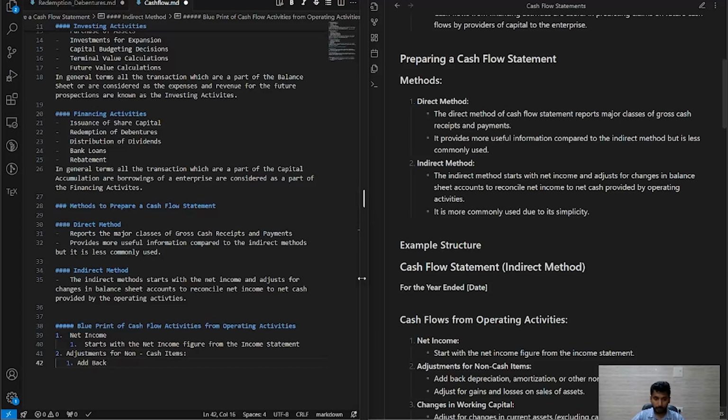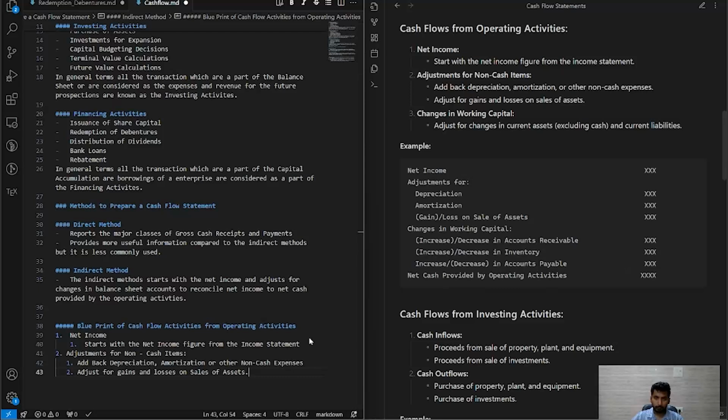The biggest non-cash item is depreciation. So we add back the depreciation, amortization, or other non-cash expenses. So basically all the non-cash expenses are added back. Then we adjust for gains and losses on sales of assets.